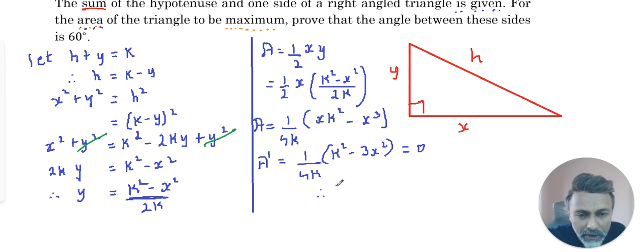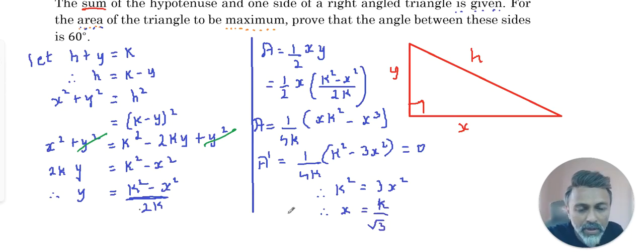We get therefore k square is equal to 3x square. So we get x is equal to, when you take square root, k upon root 3. We will not write plus minus, as length cannot be negative.